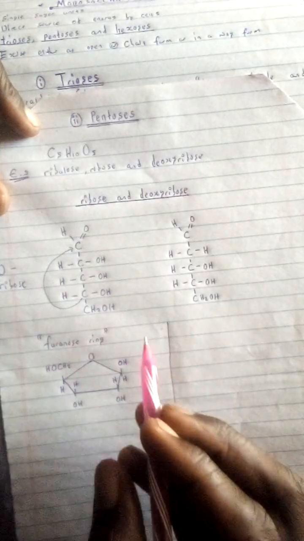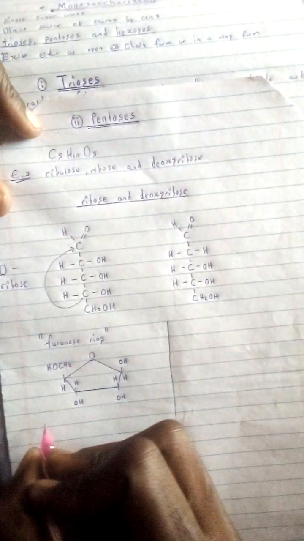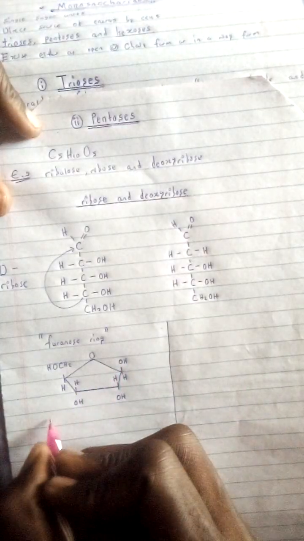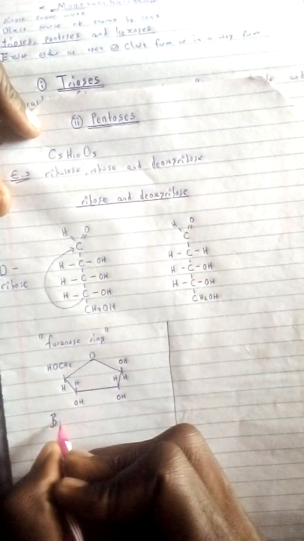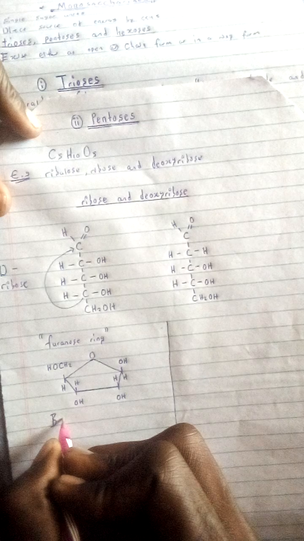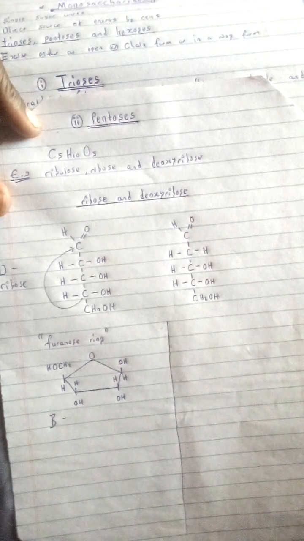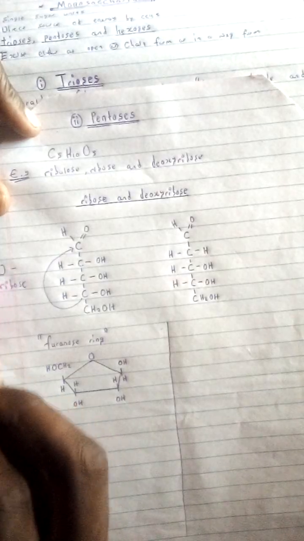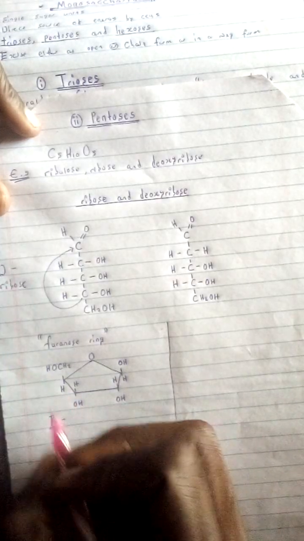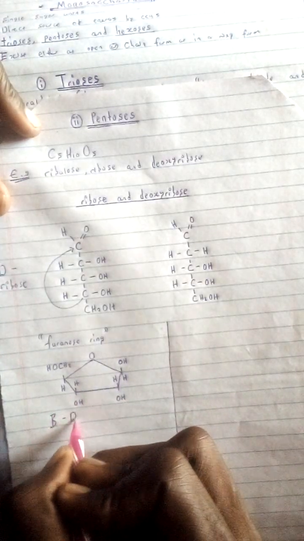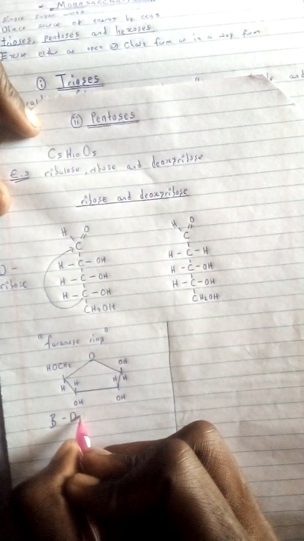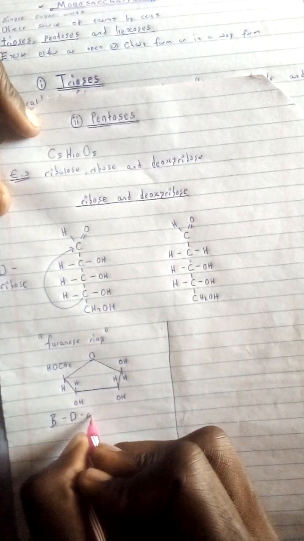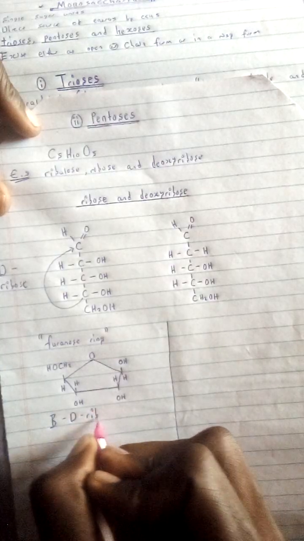What is this one called? Well, since the OH group is on top, it is a beta form. Then it is coming from D-ribose, so it will be D ribo.